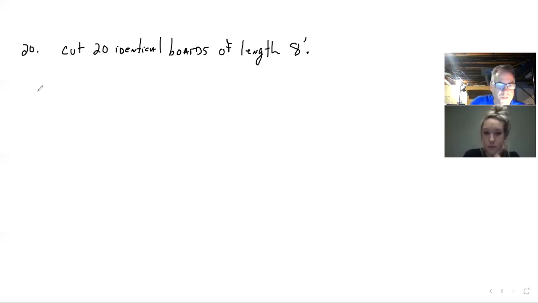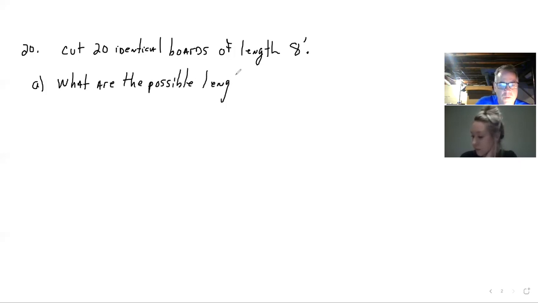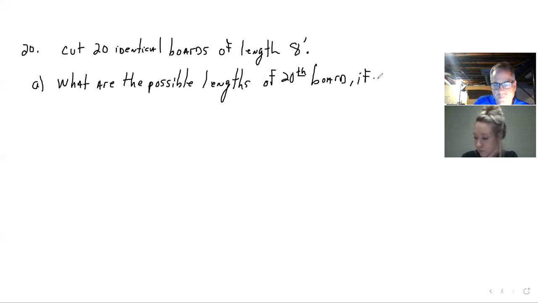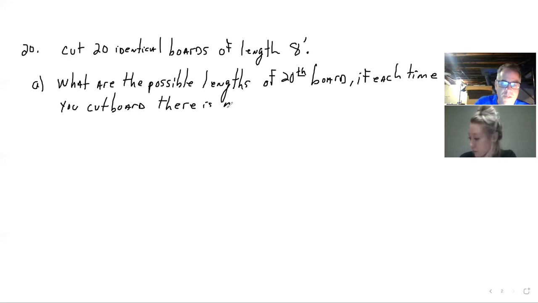So part A is going to ask, what are the possible lengths of the 20th board if each time you cut a board there is a max error of plus or minus 1/4 of an inch.